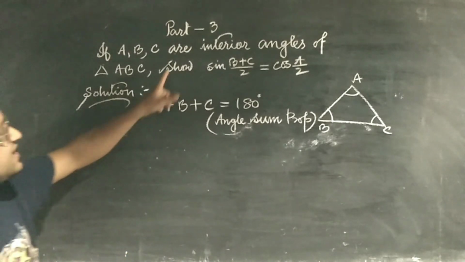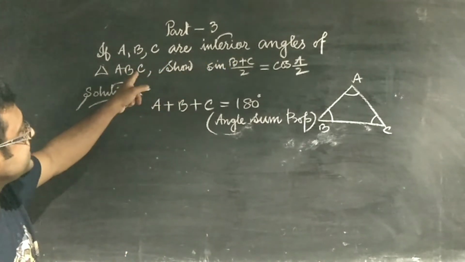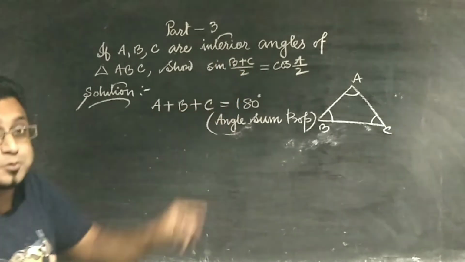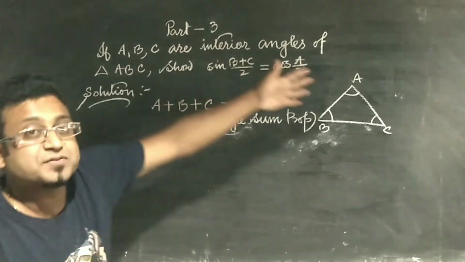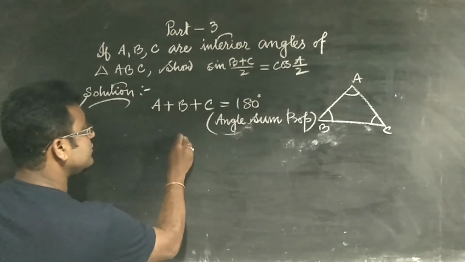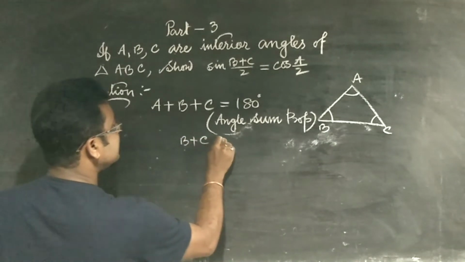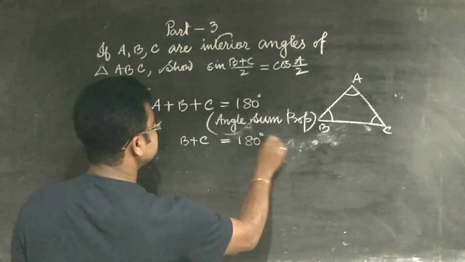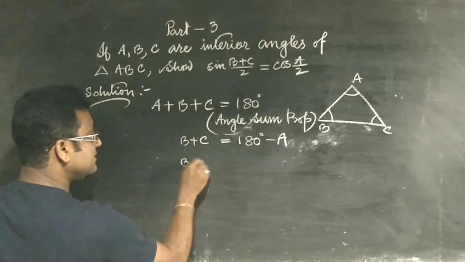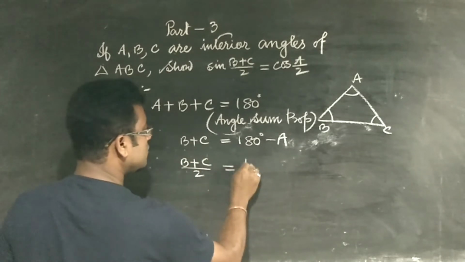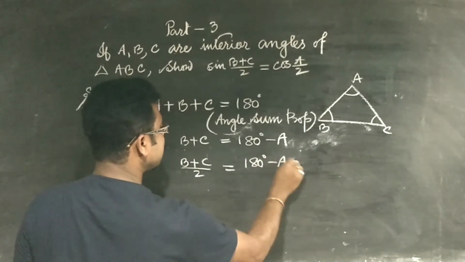Now the question is, A, B, C are the interior angles of a triangle. You are to show sin of (B plus C) by 2. So we will keep B plus C on one side, and angle A I will transfer to the other side. So I am going to get B plus C equals 180 degrees minus A. Since we require B plus C by 2, I will divide B plus C by 2 equals 180 degrees minus A by 2.